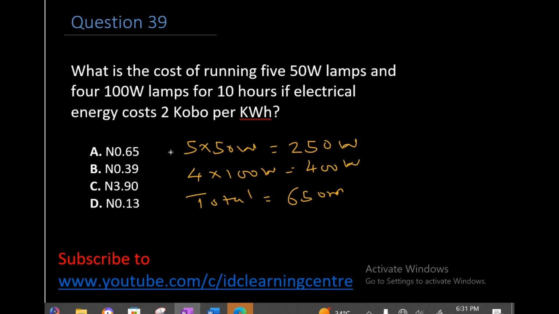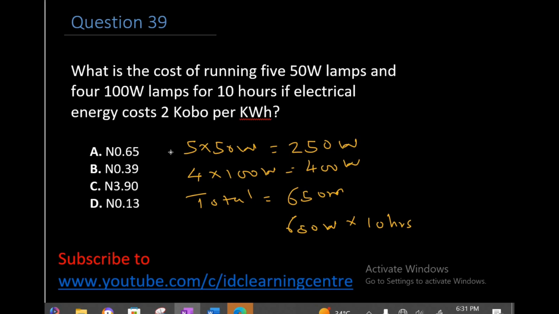So we're going to multiply the power by the hours. Alright, so the hours is 10 hours. So we have 650 watts multiplied by 10 hours. Okay, but before that, our power is measured in kilowatts, not watts.